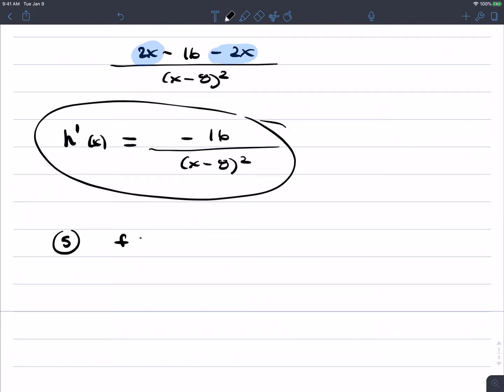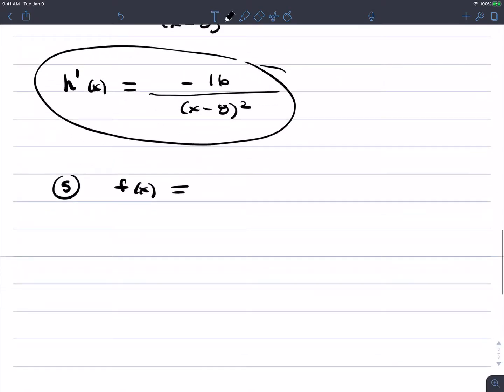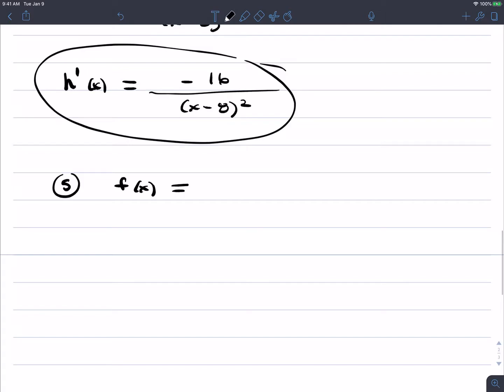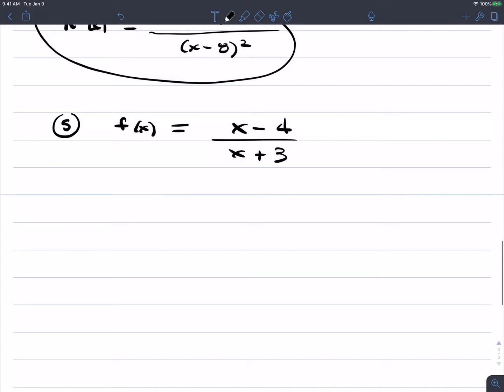Number 5. F of x will be x minus 4 over x plus 3. Now, in terms of operator notation, d/dx of x minus 4 over x plus 3.